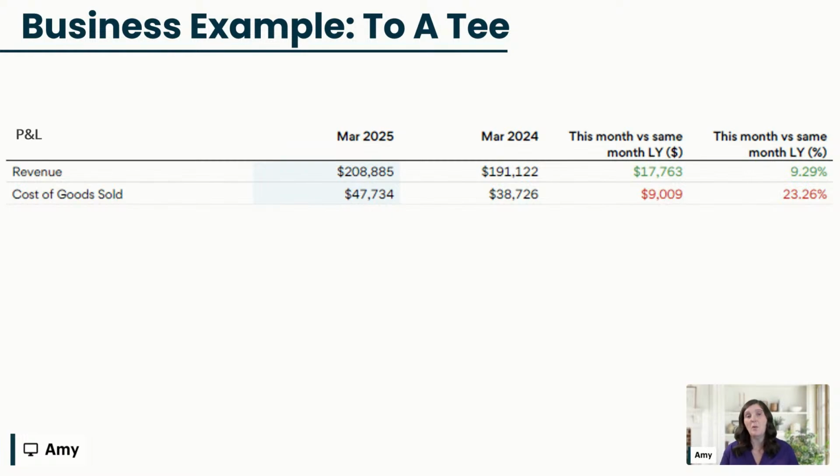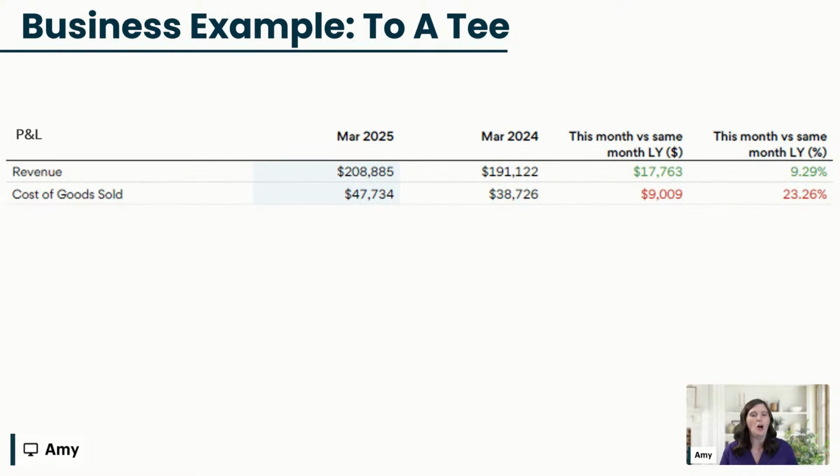So if you have a business, for example, like To a T, that you have people making the shirts and you have people selling the shirts, we're not talking about the people who are selling the shirts. We're talking about just the people who made the product to sell. That's all that can go into cost of goods sold. So in this case, we had 2 shirts sold, cost us $50 to make each shirt. $100 goes into that cost of goods sold line.